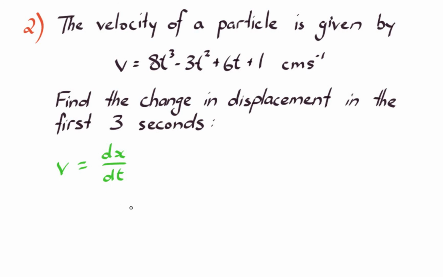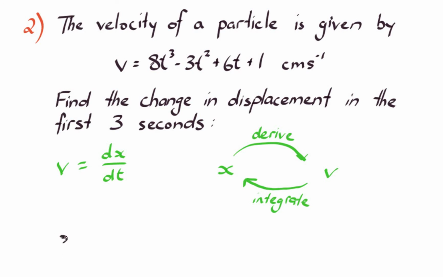So if we are deriving x to get velocity, so deriving displacement, then if we integrate velocity, we go back to displacement. So we want to integrate this in order to find the displacement function.